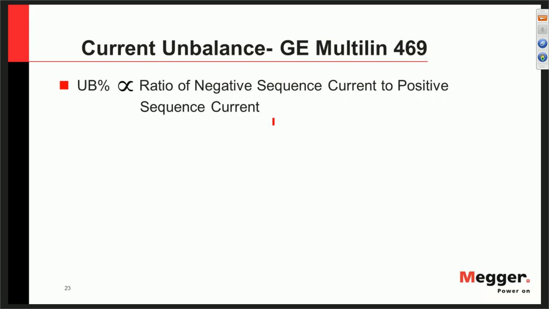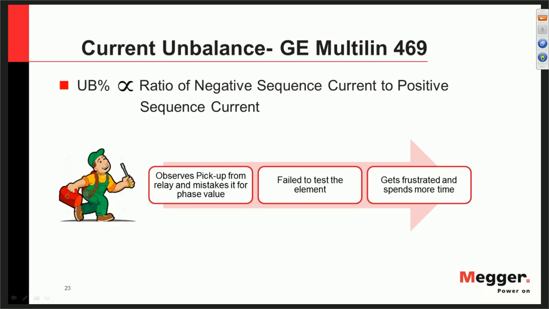So let's bring Mr. X here, for example, and he is a technician right now, and he doesn't know about sequence components, and he was given a task to test the Multilin 469 unbalance function. So he went out in the field, he grabs the relay, he starts testing that, but he's uninformed about sequence component theory.